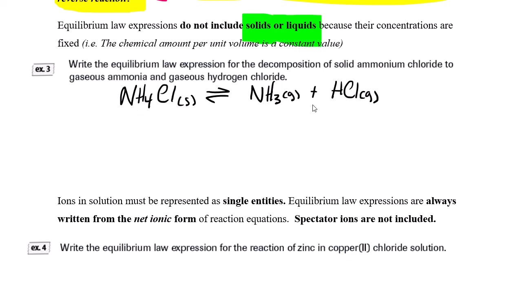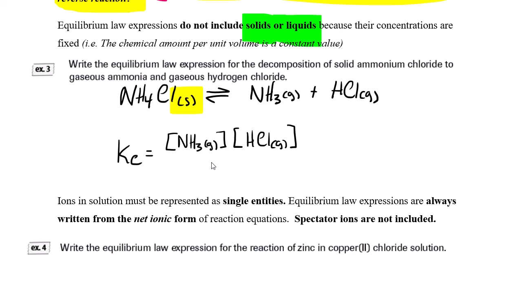Then this guy's a solid, so when I'm writing my Kc, it just gets omitted. So my products go on the top, my ammonia multiplied by my hydrogen chloride. And this is all over 1, but that doesn't change the value, so I can just leave it like this. So this would be my Kc expression then for this reaction.